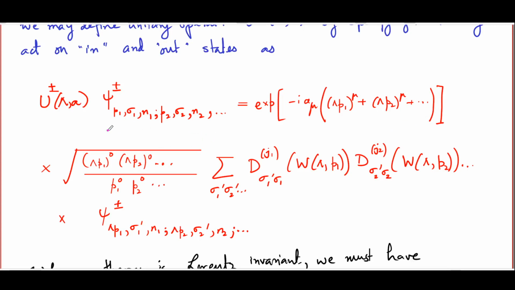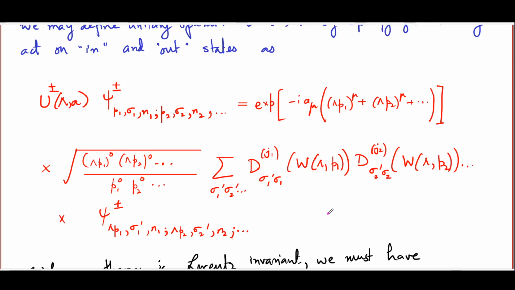These are normalization factors which keep the normalization right. But more interestingly, there are these factors which are basically stating that different spin or helicity components get mixed together when you carry out a Lorentz transformation. Now, this is something which we have treated in quite some detail earlier.